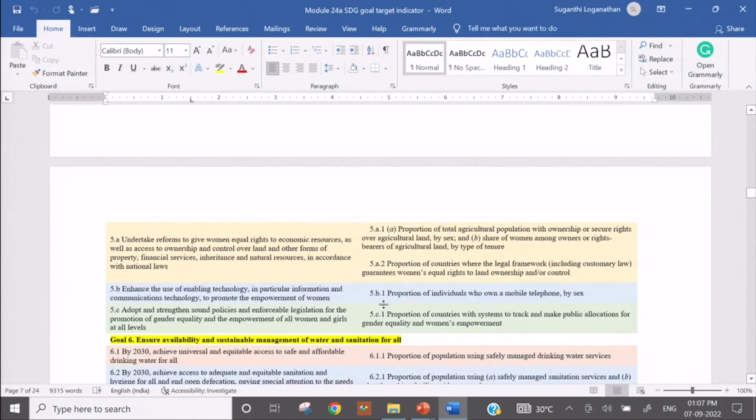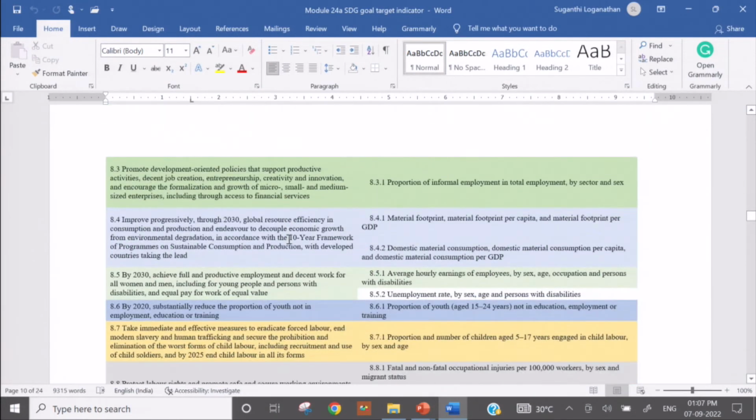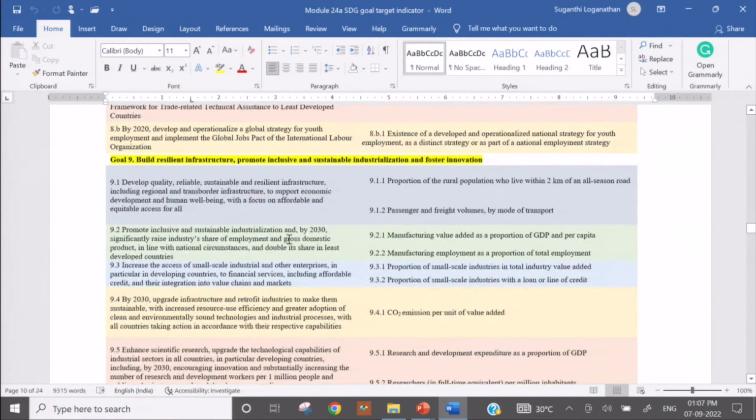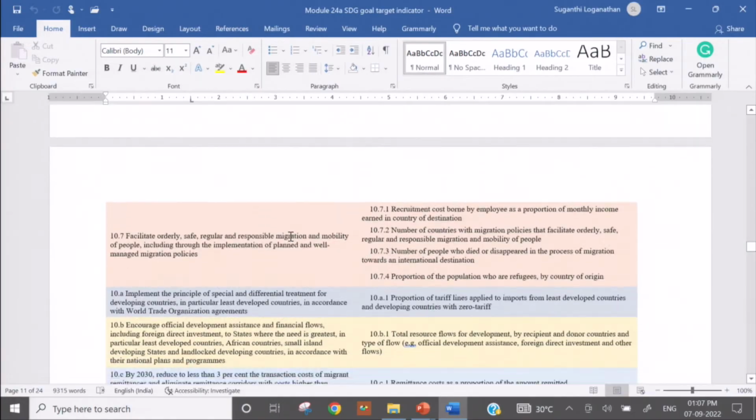This data file indicates all the targets, the indicators and the measures to achieve each of the Sustainable Development Goals. For the 17 goals, we have presented the targets, the indicators and the measures to achieve, and their respective indicators.